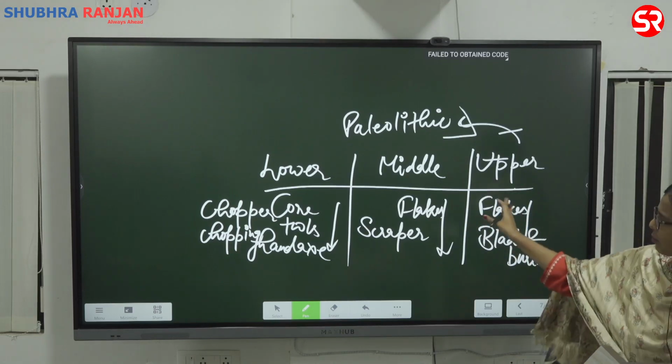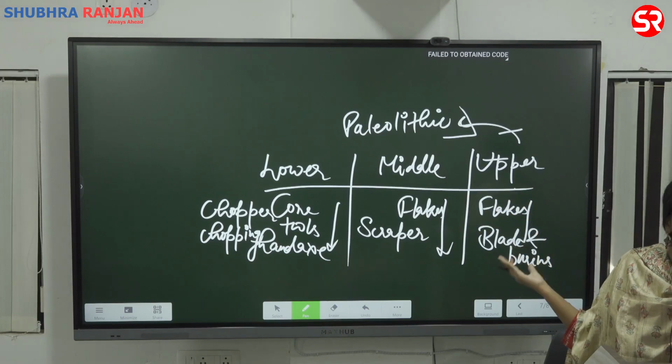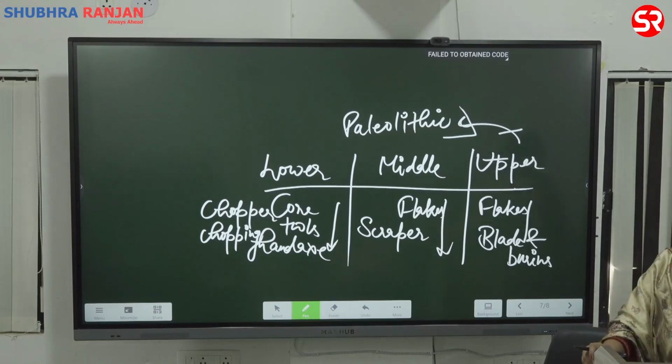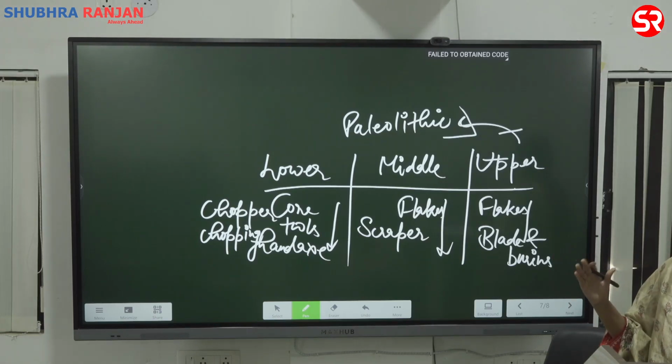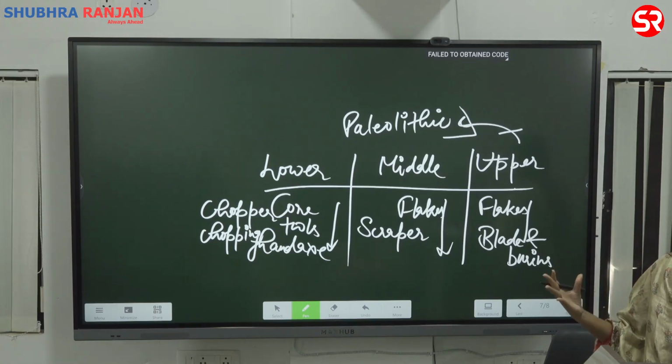Even if you are not able to remember this division, that's fine, because questions are not being asked on this. This is not the demand of your examination that you will be sitting in. Okay. So what you need to understand is that changes are taking place gradually. The first tool they are going to make is going to be much heavier to carry around, difficult to use.